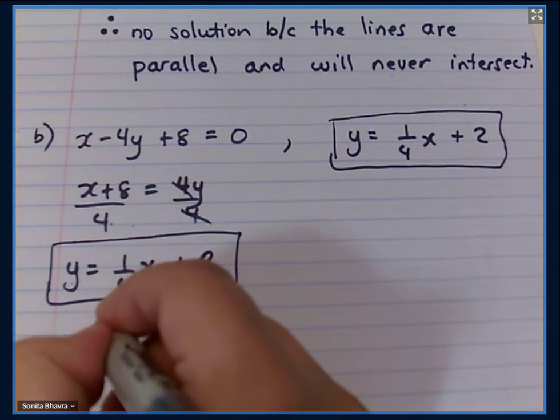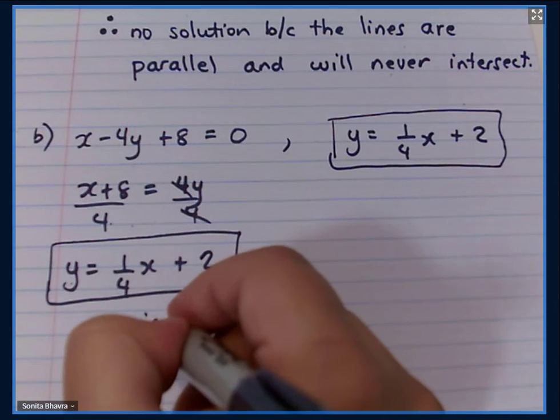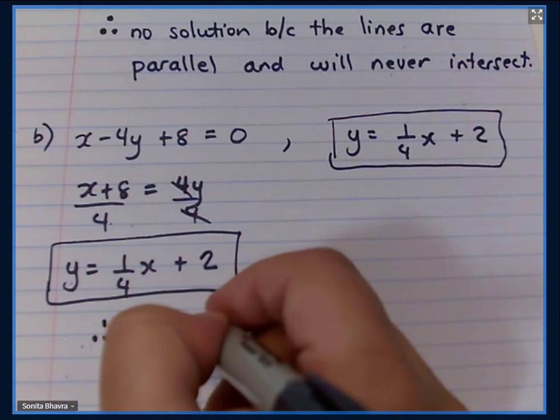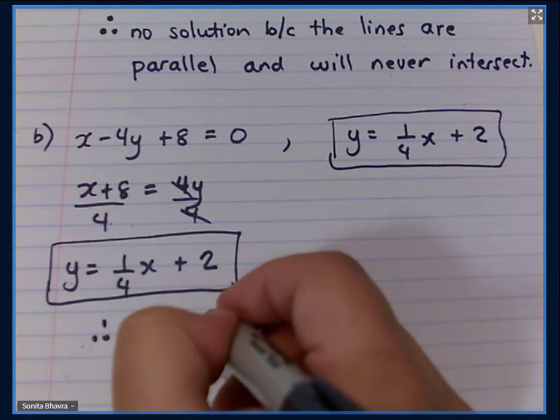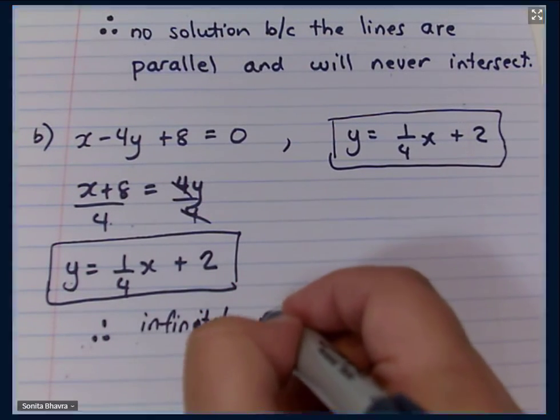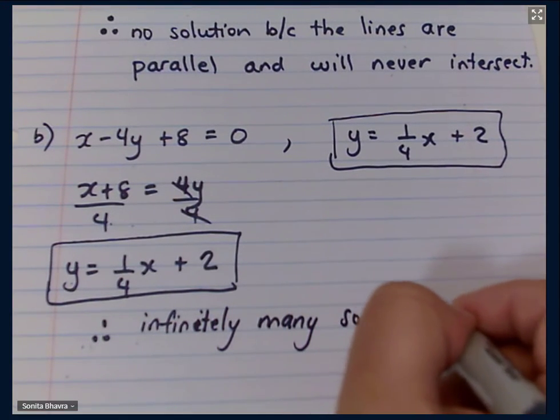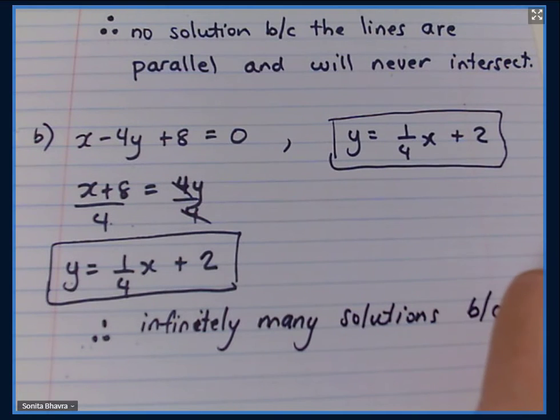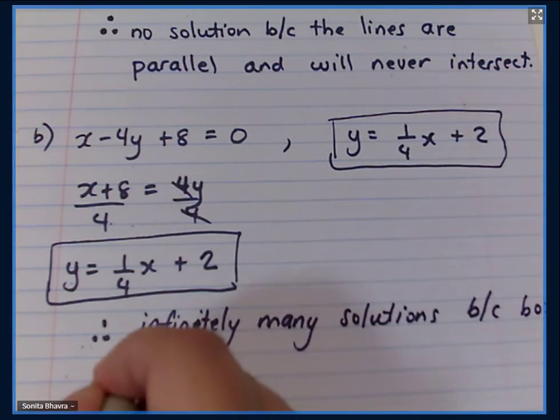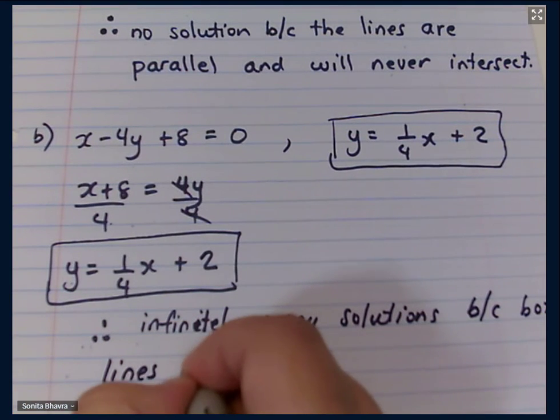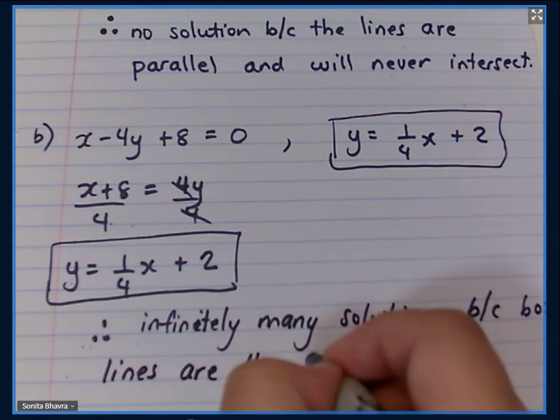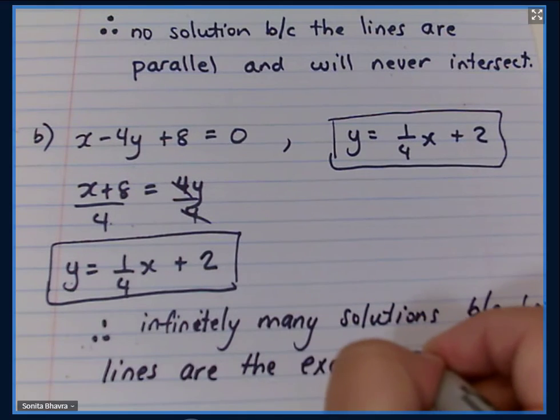So therefore, infinitely many solutions. And it's because both lines are the exact same.